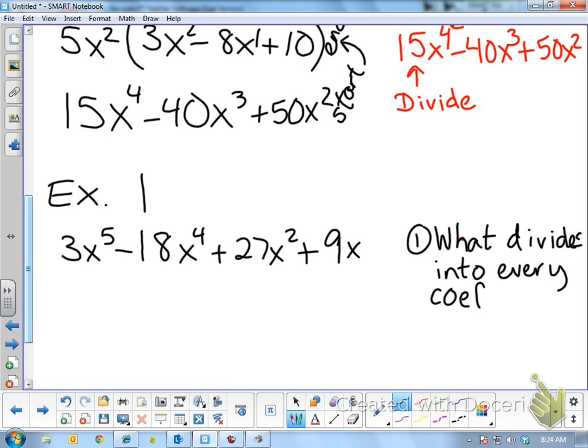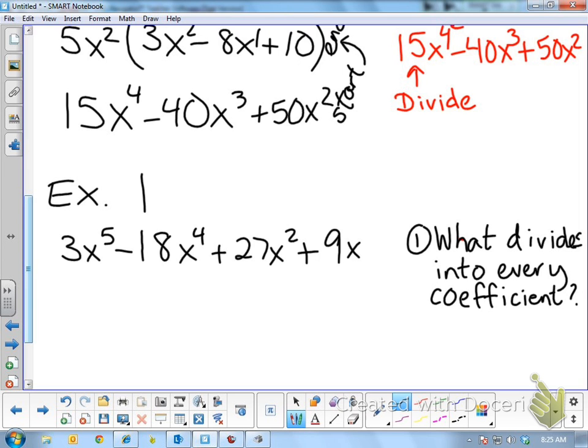So what divides into every coefficient? When I say coefficient, what do I mean by coefficient? The number in front of x. So we have a 3, an 18, a 27, a 9. Those all divide by 3. It's usually easiest to start with the smallest number, which isn't necessarily the first, but 3 is the smallest number. There's only 2 things that divide into 3. 1 and 3.